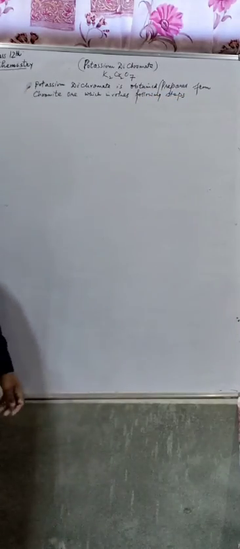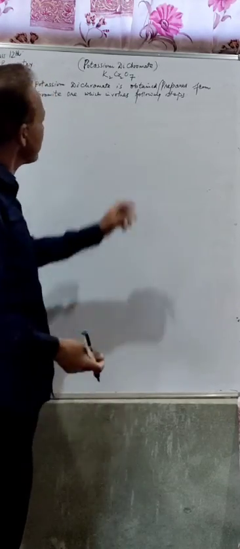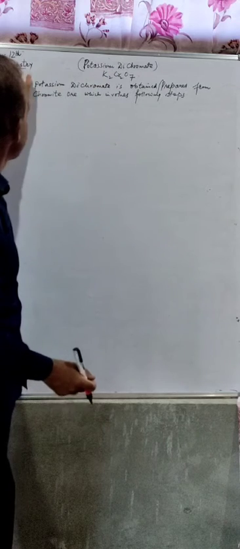So what are those steps which are involved in the preparation of potassium dichromate from this chromite ore?